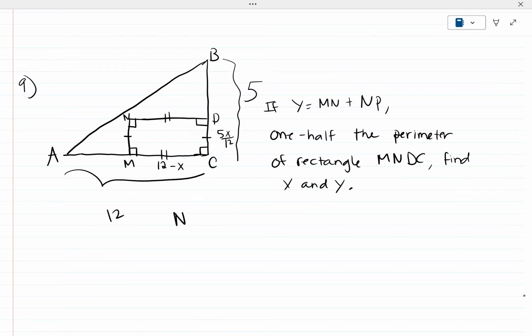If Y equals MN plus NP, one half the perimeter of the rectangle MNDC, find X and Y. So that means that NP must equal MC, which equals 12 minus X. MC. We know that the length of AC is 12. So maybe we should draw that way.